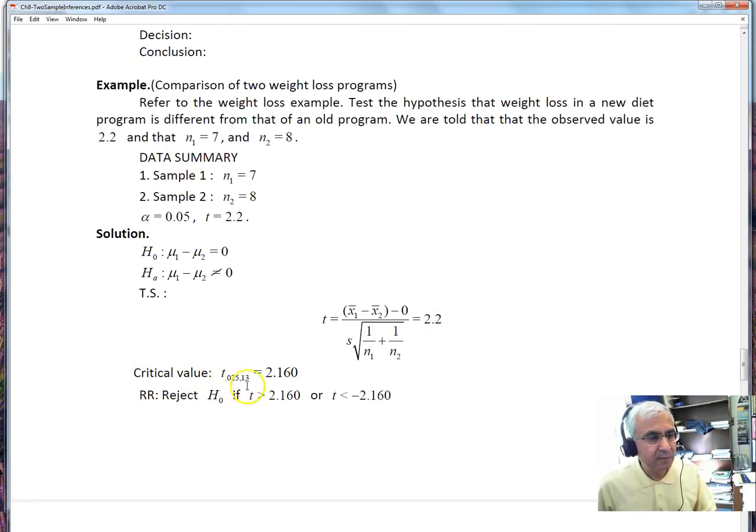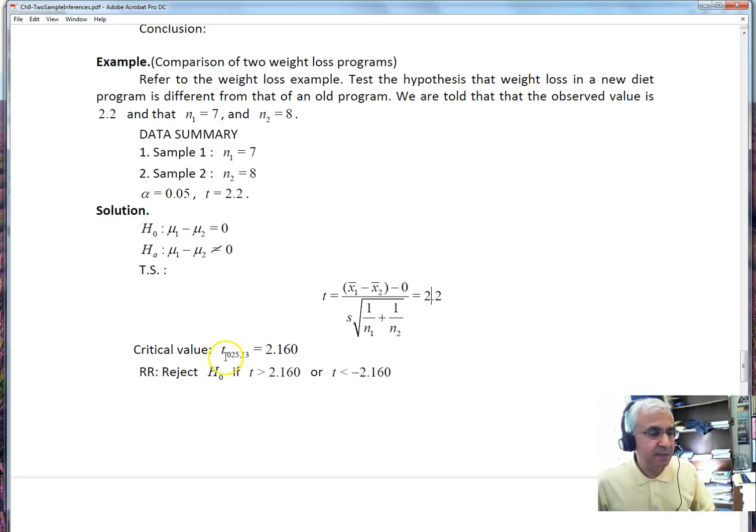Since this is a two-tail test, my alpha is 5%, so my critical value would be T.025, and the degrees of freedom would be 7 plus 8 minus 2, 13. If I go into the T table, that should give me 2.160.